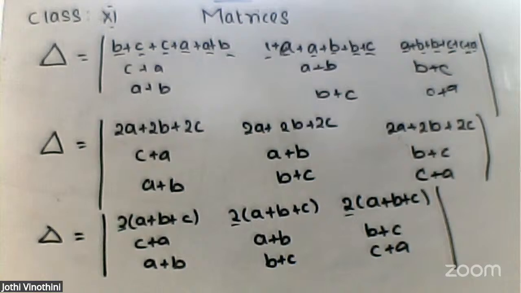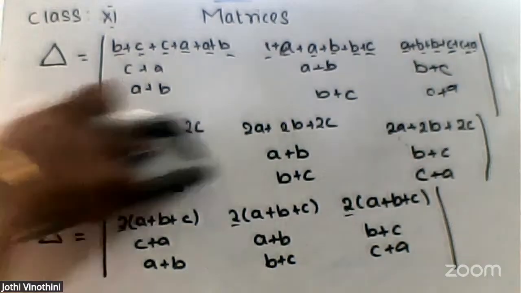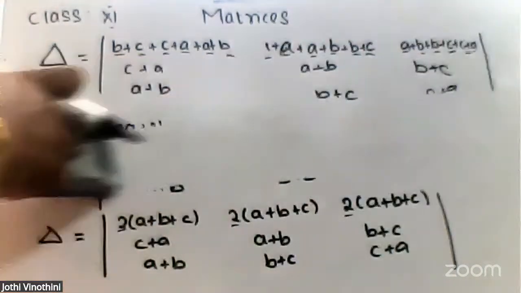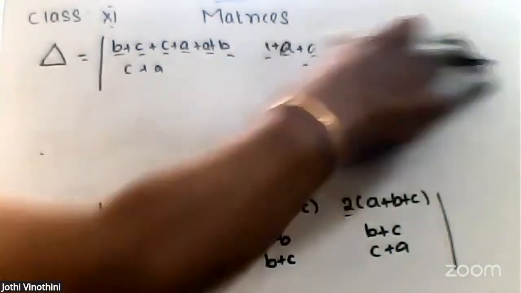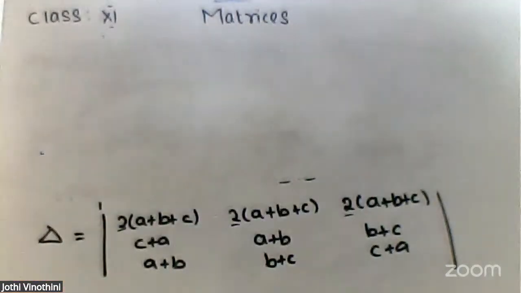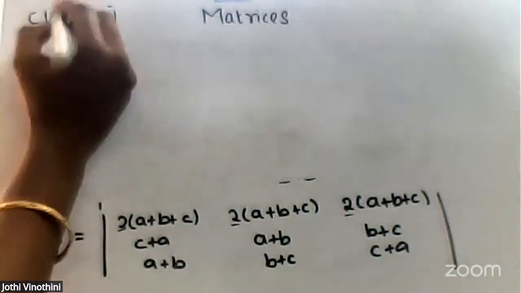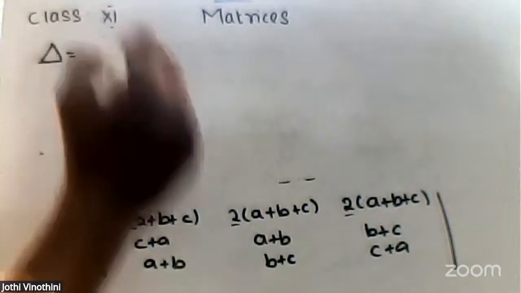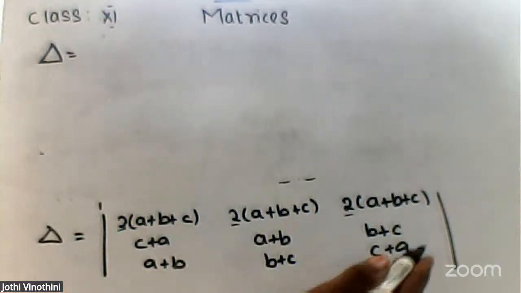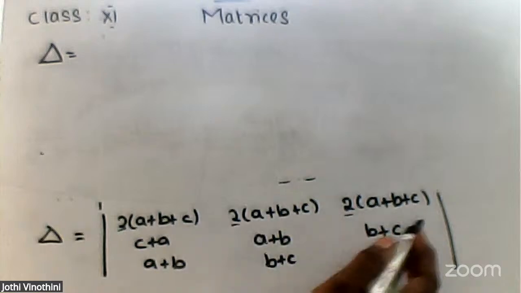I hope you are writing along with me so that I can rub and write. What we did up to this: delta equals 2, taking 2 from all the elements in row 1.